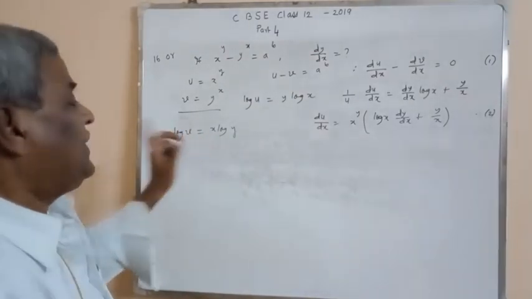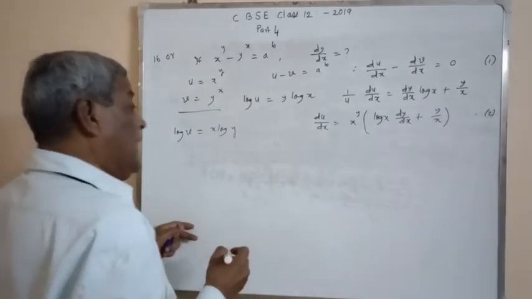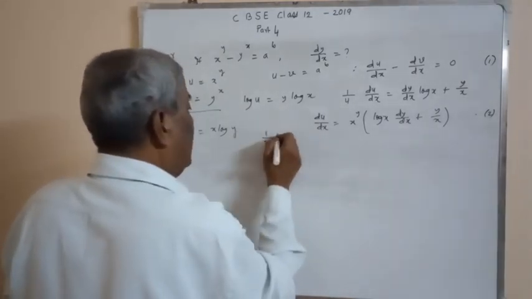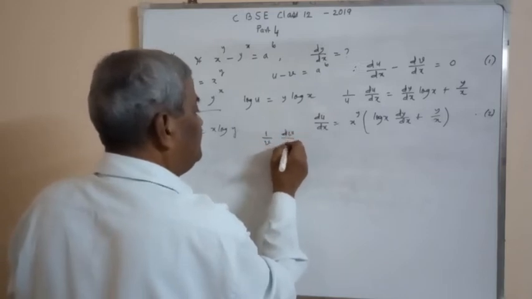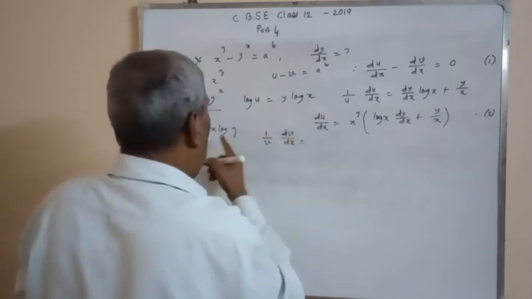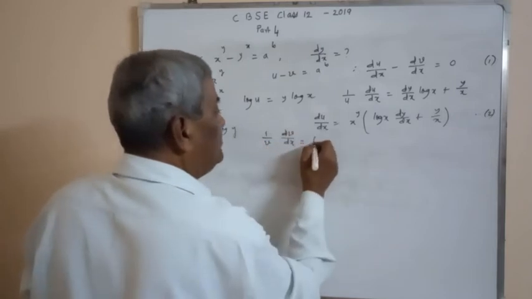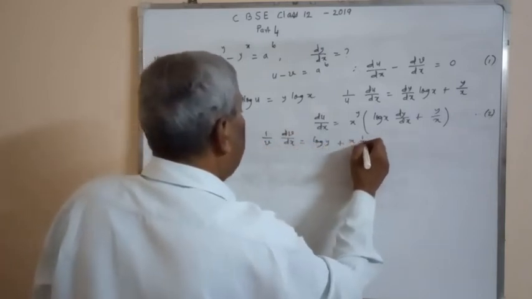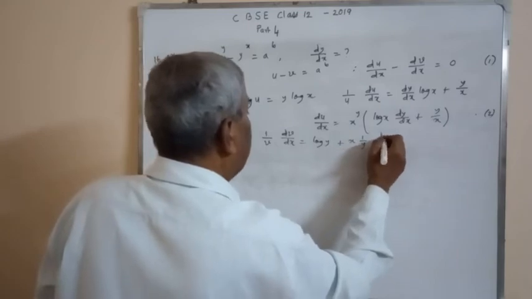Differentiating both sides with respect to x, we get 1 by v into dv/dx is equal to 1 into log y plus x into 1 by y into dy/dx.